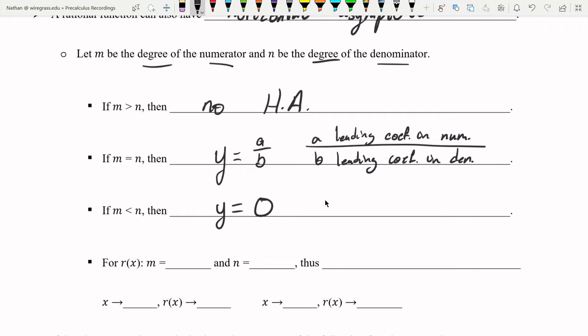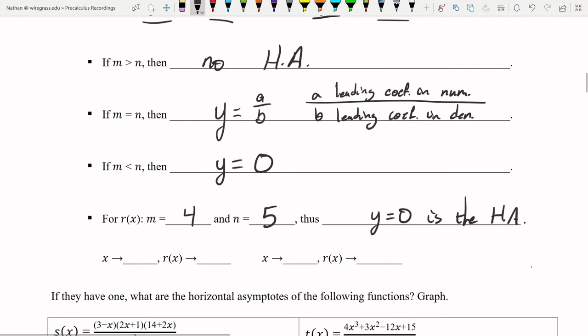You don't need to look at a ratio of anything. So for us, we had m equal to 4 and n equal to 5 in R of x. So this means that y equals 0 is the horizontal asymptote. And really what this means is, I'll show you on the graph above, that as x goes to negative infinity, R of x goes to 0.